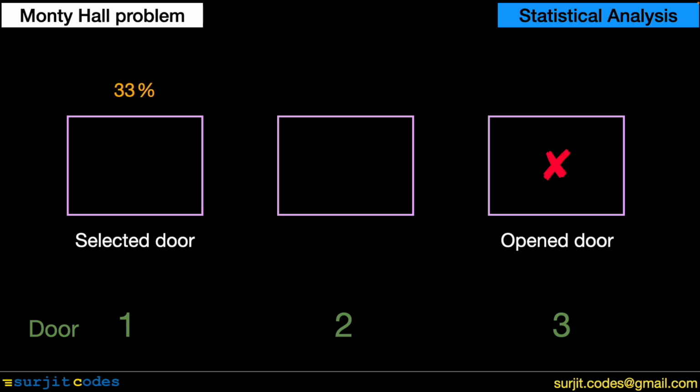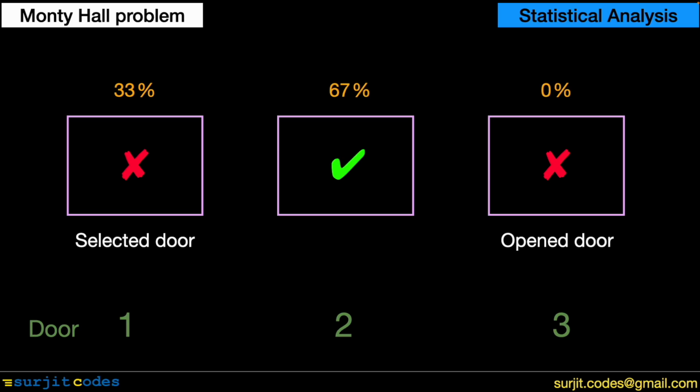Let us discuss the two choices of the car door one by one. If door 1 indeed hides the car, both the other doors must have goats behind them, and switching of the selected door would result in a loss. Therefore, in these cases, sticking with our original choice is beneficial. However, the likelihood of this scenario occurring is only 33%. 67% chances are that door 1 does not hide the car behind it.